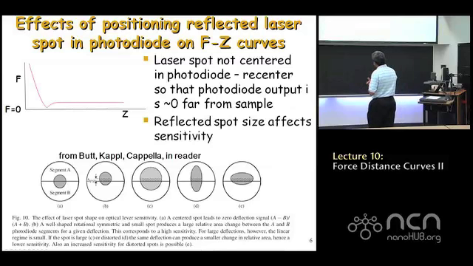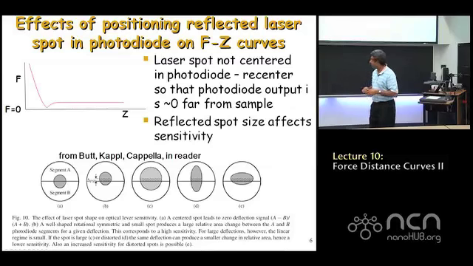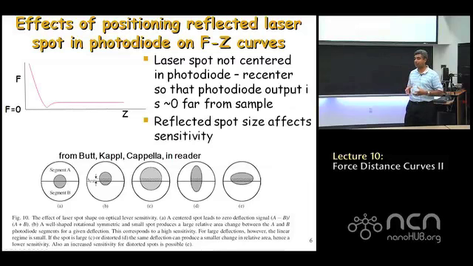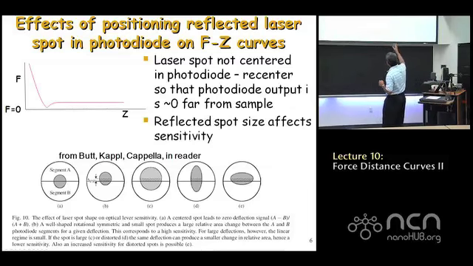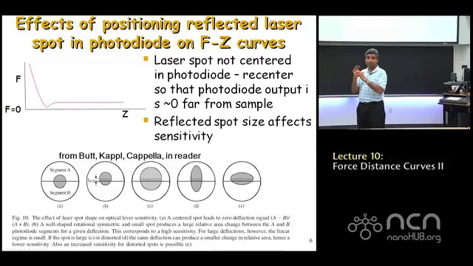But it's also important to keep in mind, this is a very important thing, is that the sensitivity of your FZ curve really depends on your spot, how it falls into the photodiode, okay? So these are 4 cases, B through E, that show the following situation. So let's say you begin with a situation where your laser spot is perfectly centered in the photodiode, so 0 deflection, okay? Now, let's say you bring the cantilever, press on a sample.